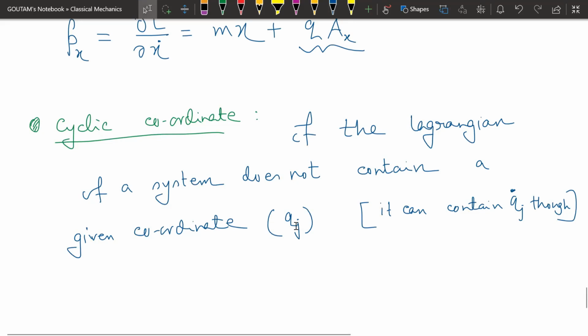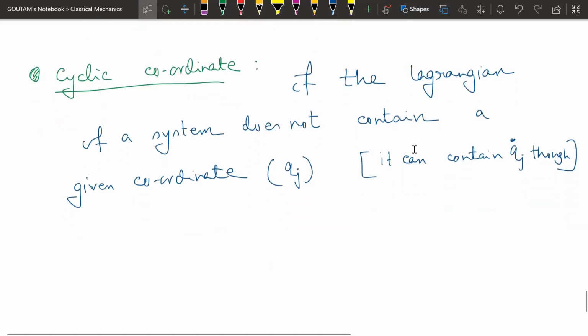Qj doesn't represent all the coordinates; it is some particular coordinate which is not explicitly present in the Lagrangian.